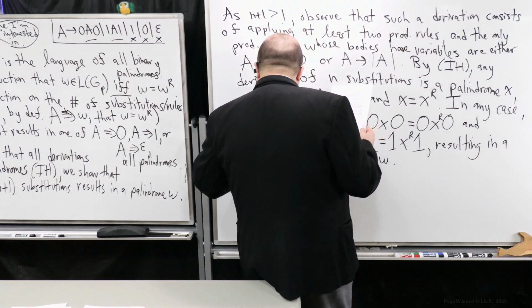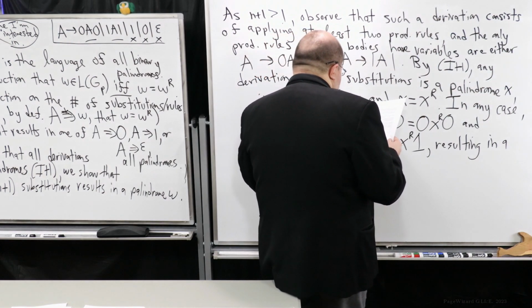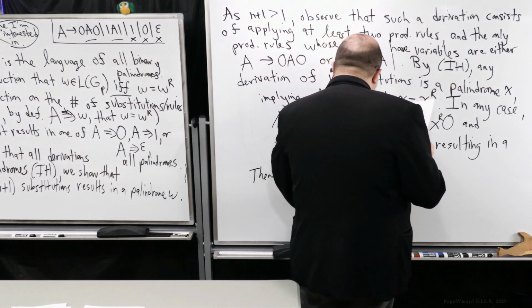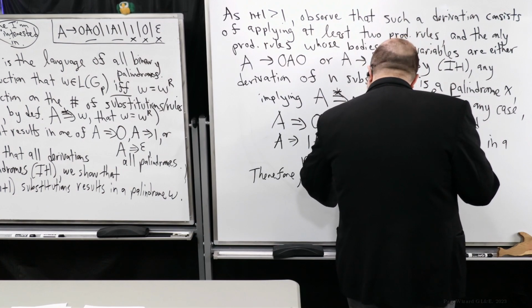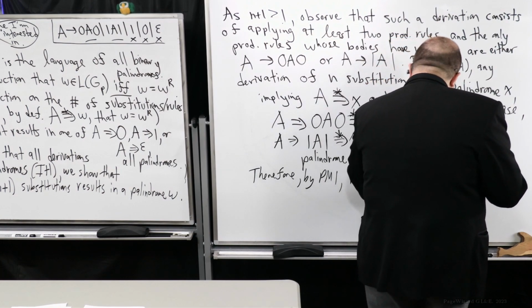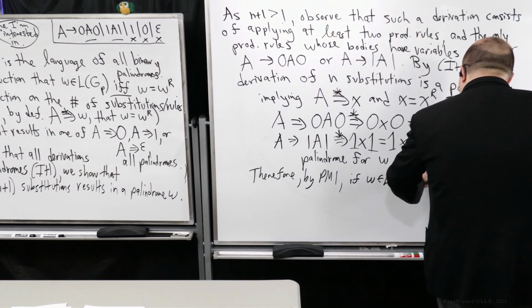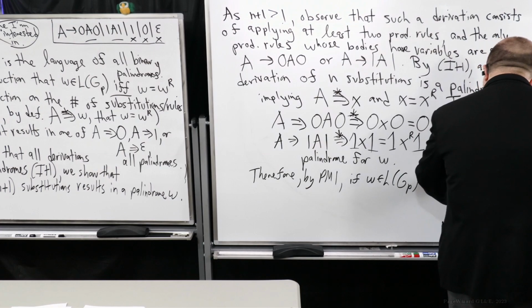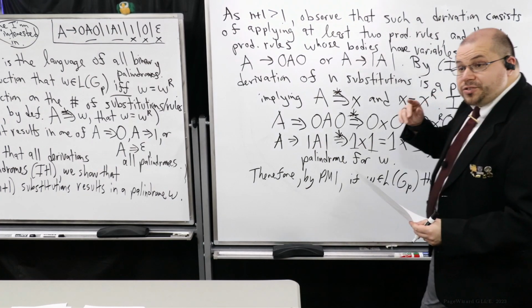Therefore, by principle of mathematical induction, if W is in L of GP, then W is equal to W reverse. It's a palindrome. So that completes one direction of the proof.